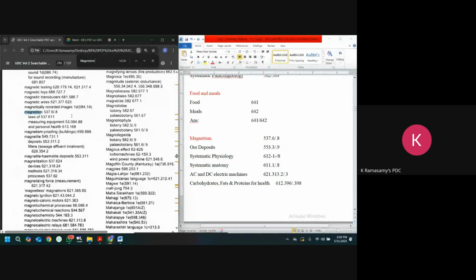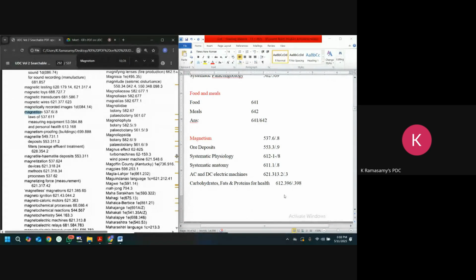These three numbers combinedly denote the subject magnetism. So what is the answer? 537.6/.8, from 6 till 8. All those numbers are combined together to form magnetism. So this kind of slash can be used either for joining two main class numbers or even to join the subdivisions of a main class number.